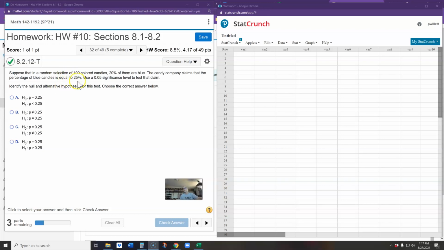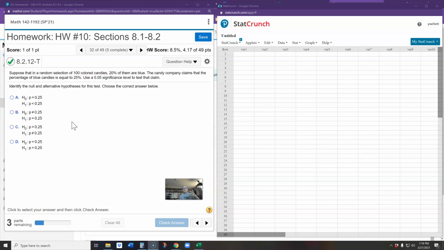In this case, the claim is that it's equal to 25%, so our null hypothesis should be that P, the proportion of the population, is equal to 25%. We can see that's the case in A, C, and D here. Then, when your original claim is that it's equal, and that is the claim you're testing, the alternate is simply that it's not equal.